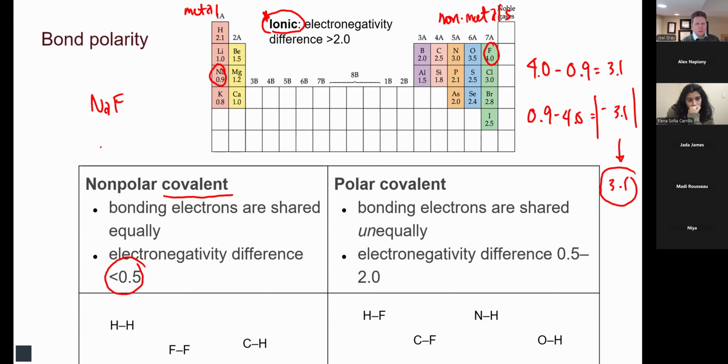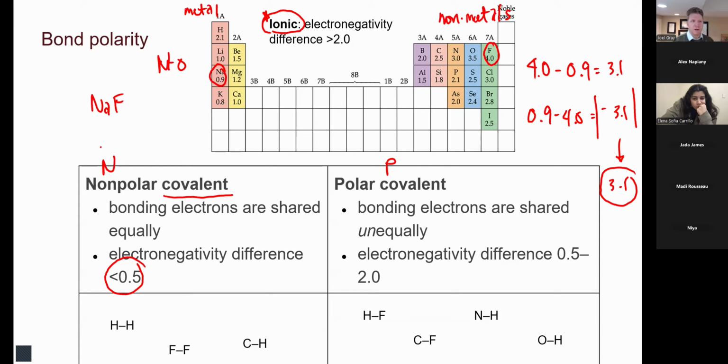So give me an N for nonpolar, P for polar. What about N and O? Is that going to be an N or a P? Absolutely. Our difference is 3.5 minus 3.0.